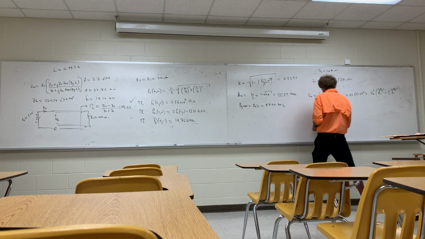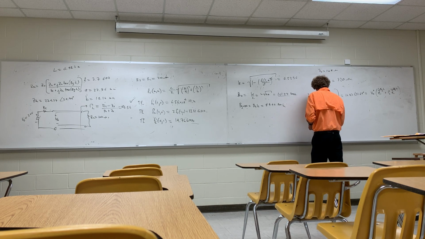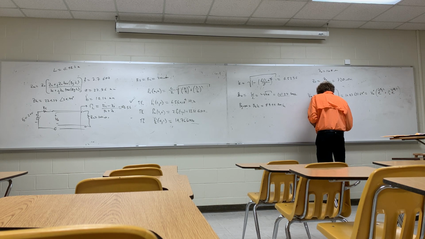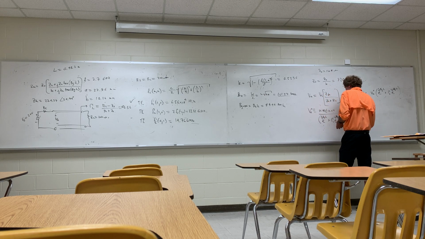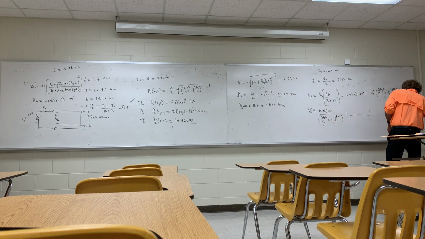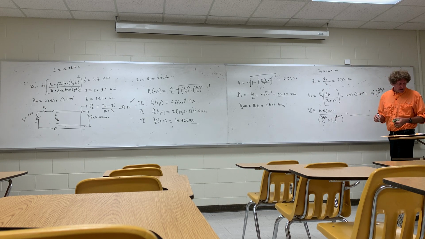You'll get V0 plus equal to about 10.83 at an angle of minus 11.64 over e to the plus J beta in the guide times L plus reflection coefficient times e to the minus J beta in the guide times L. And if you can give that to me, I'll put the whole thing up on OneNote.